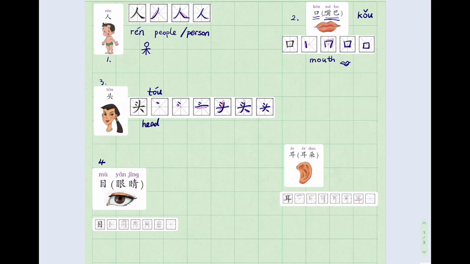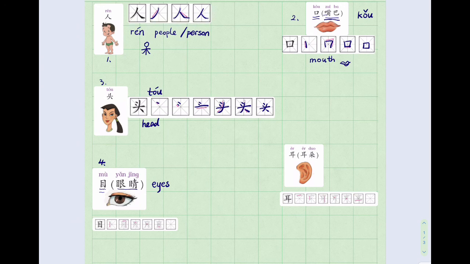Fourth one, 目. Again, we will learn this one character, 眼睛, eyes. We use it in daily life more, 眼睛. 目 is more a writing word. But again, if you say 目, as a Chinese, we would understand what you mean. 眼睛 is used more often in daily language.